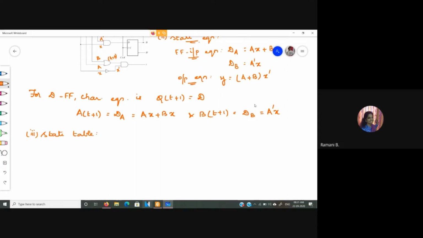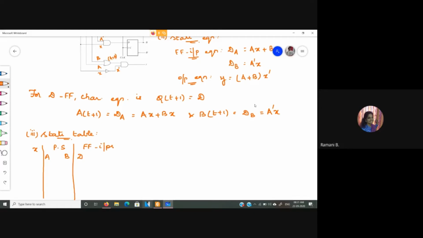So to write the state table, first we shall write the input variable. So you have the input X, then we shall write the present state value of both of the flip-flops, so present state value of A and B. Now from this we have to find the next state value, but prior to that let us write the flip-flop inputs, because that would help us.